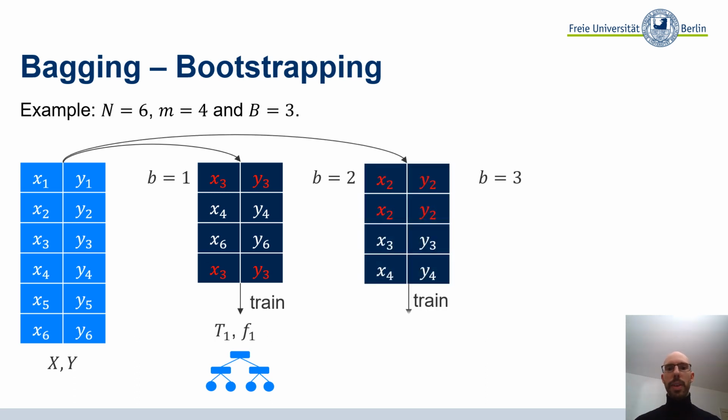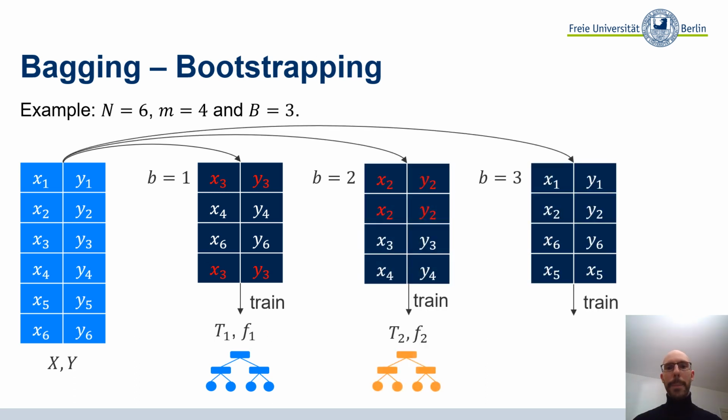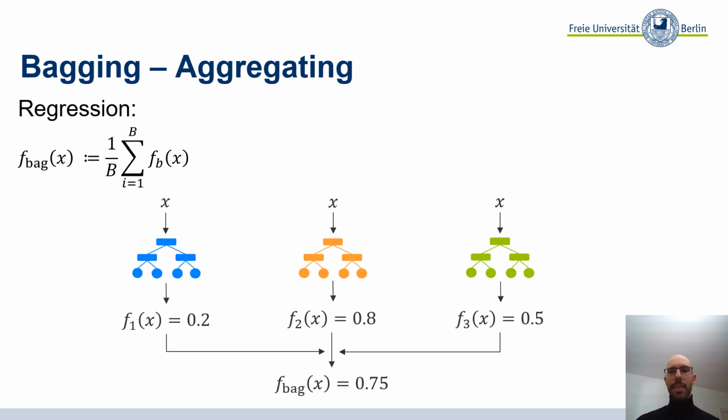Then we do the same thing for our next bag, b equal to 2, and here again we sample the same data point 2 times. Again, we train our model f2, and we do the same thing for b equals 3, train model f3, and then we aggregate our trained models. In the regression case, we just take the average of all those models.